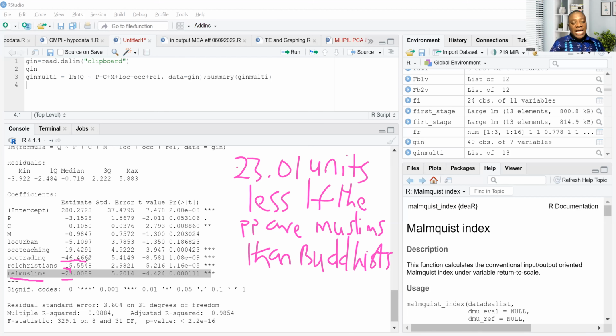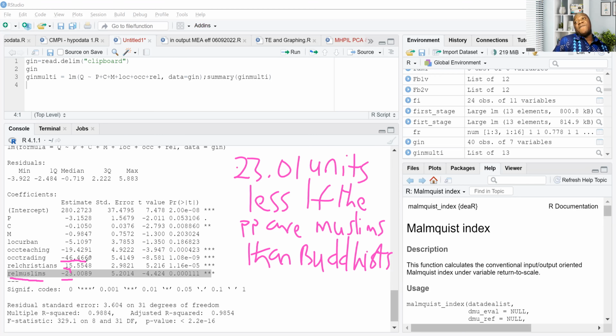Note that if the quantity demanded will be 46.47 units less if the people are traders than fishers, then it means that it will be 46.47 units more if the people are fishers than traders. I just wanted you to know that it's the opposite. If you are speaking for traders, it will be 46.47 units less.